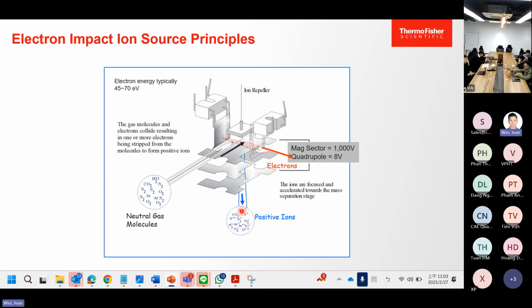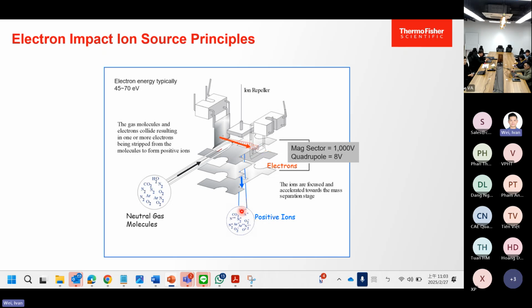So after the gas stream goes through pressure reduction and through our microcapillaries, right now we want to give it energy. We try to give energy to our sample gas to make it charged and also break it into fragments.